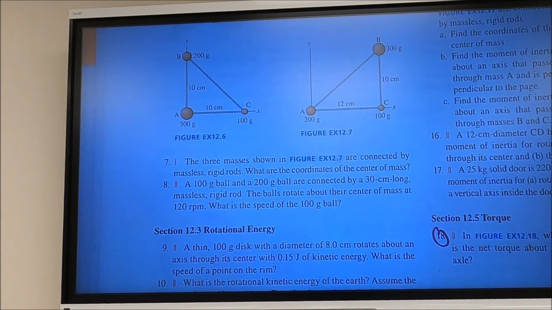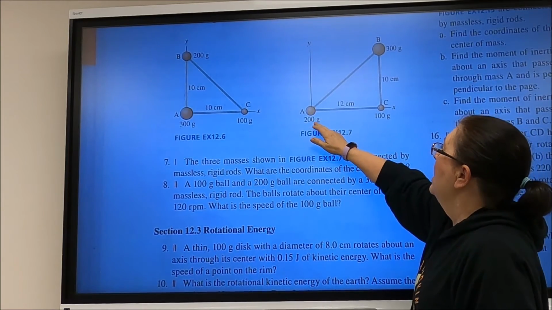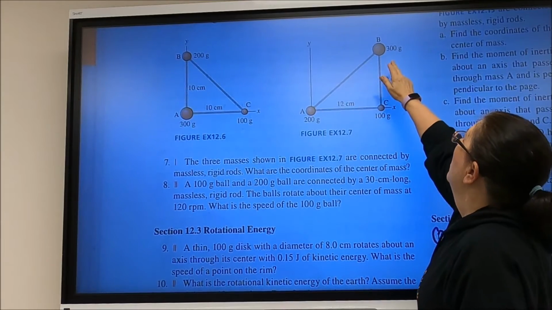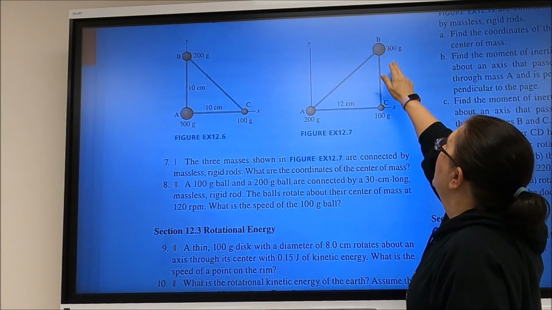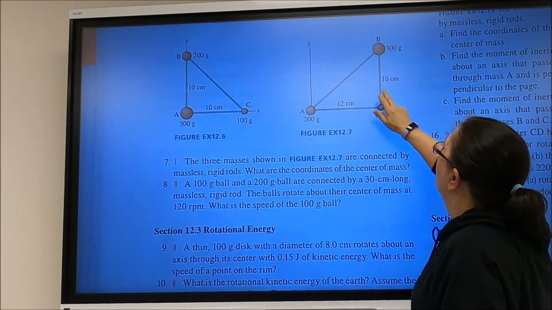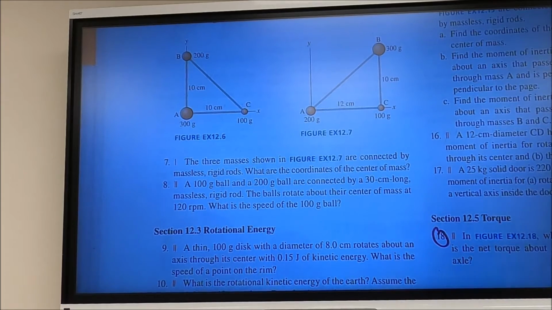What are the coordinates of the center of mass? Our first little piece, piece A, is a 200-gram piece and it's at location 0. Part B is a 300-gram piece at 12 centimeters, and C is a 100-gram piece at 12 centimeters.